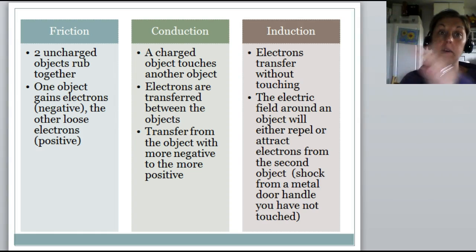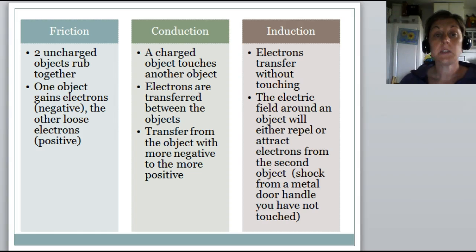If I rub my hands together, I can produce heat, and that's friction between my hands. One object will gain electrons, which are negative, and the other will lose electrons, which will make it positive. Just like when we talked in chemistry about how some elements will gain electrons and others will lose them. If an object gains electrons, it has more electrons than protons, so it's negative. When an object loses electrons, it has more protons than electrons, so it becomes positive.